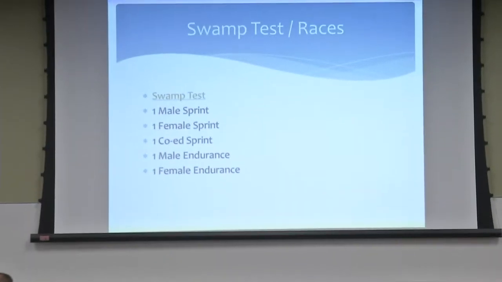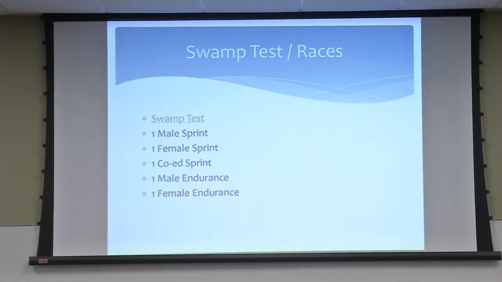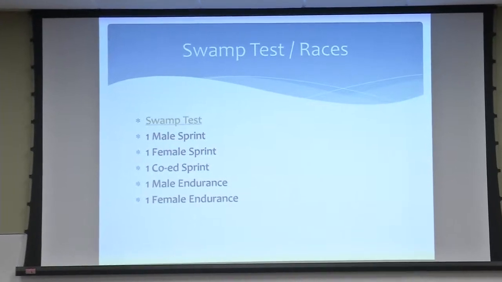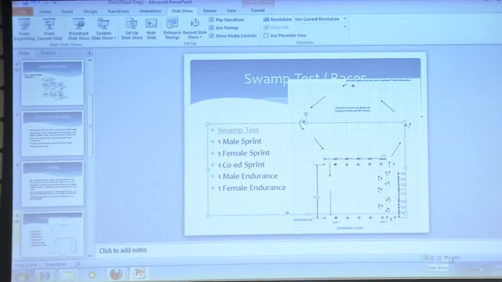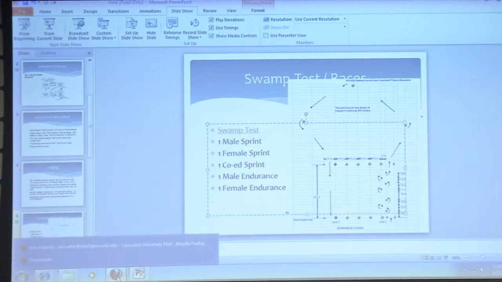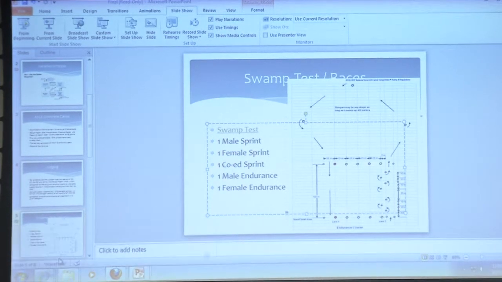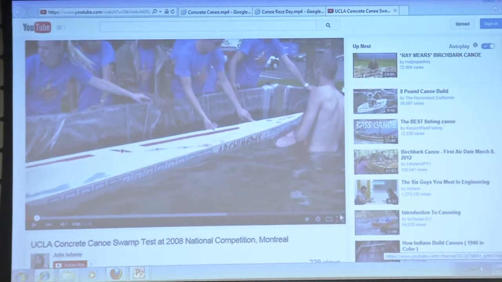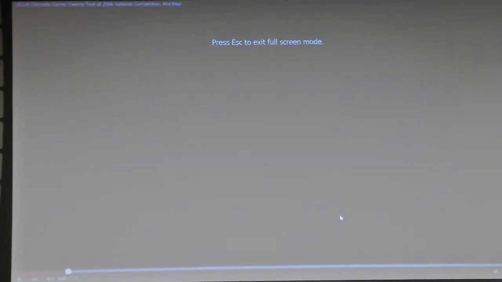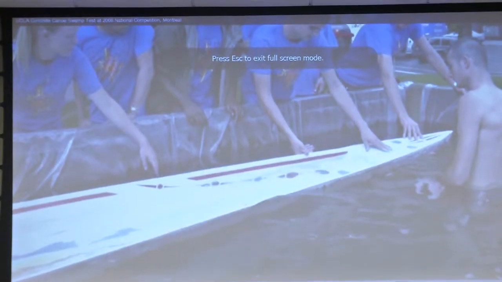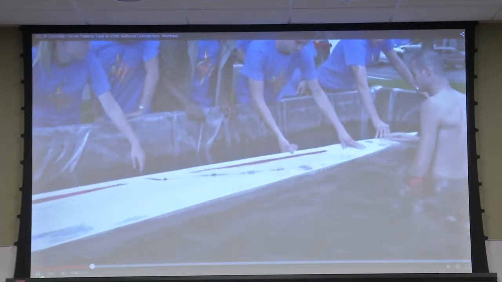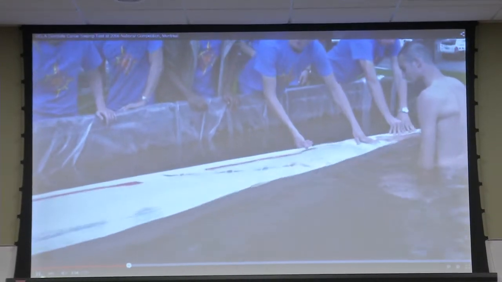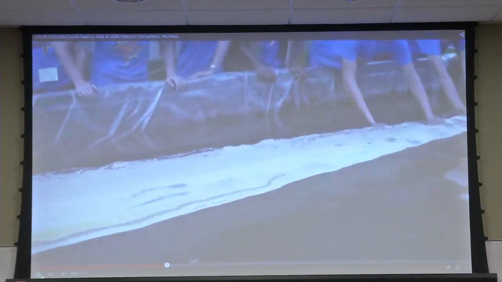So I wanted to first show you what the swamp test was, because I know a lot of civils know what this is. Well, not all civils, but so this is called a swamp test, and it's determining whether the canoe can be buoyant once the canoe is fully submerged underwater.